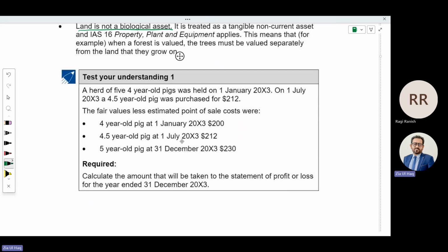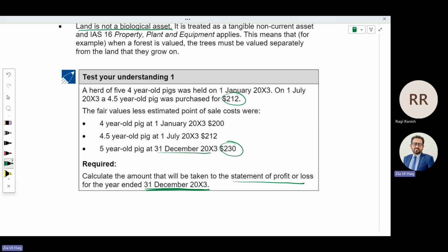A 4.5-year-old pig at 1st July 20x3, the one we purchased for 212. While a 5-year-old pig at 31st December 20x3, the fair value is 230. What should be the amount that should be charged to profit and loss account for the year ended 31st December 20x3?